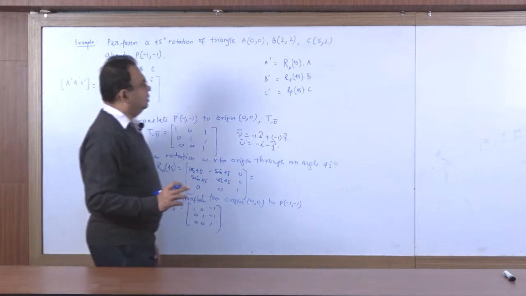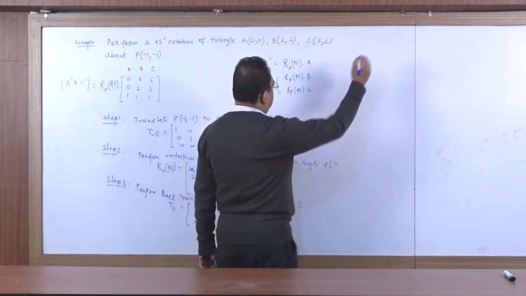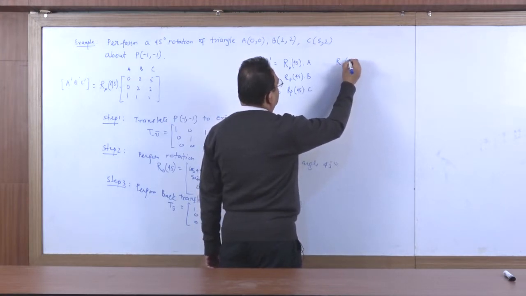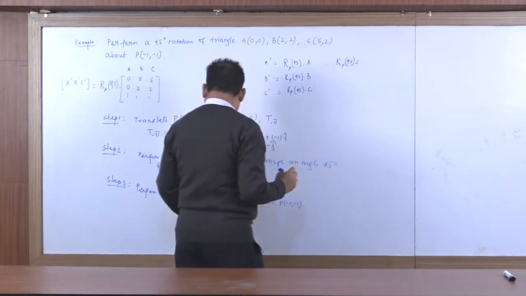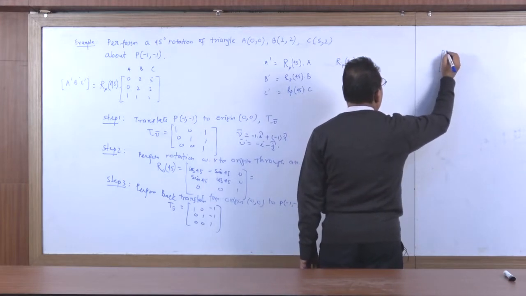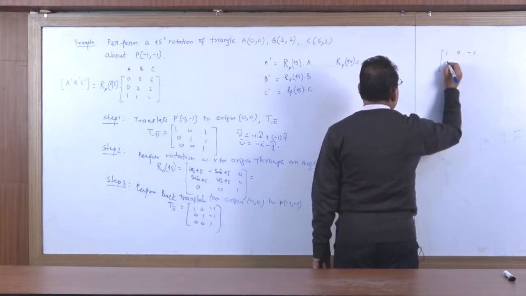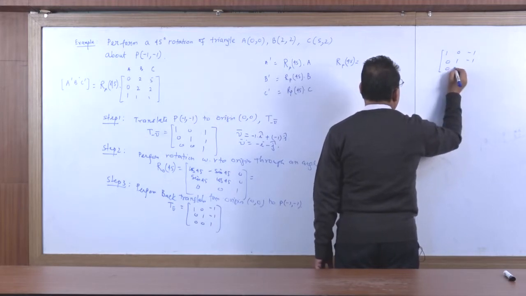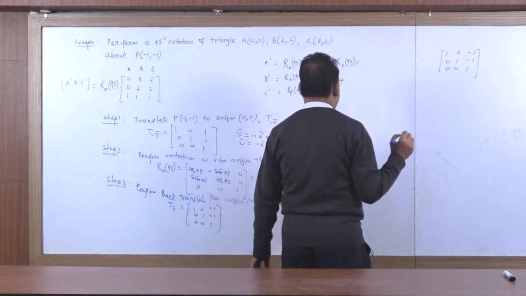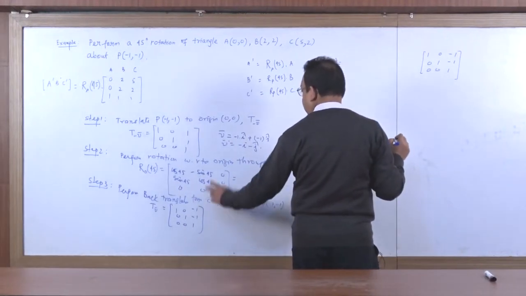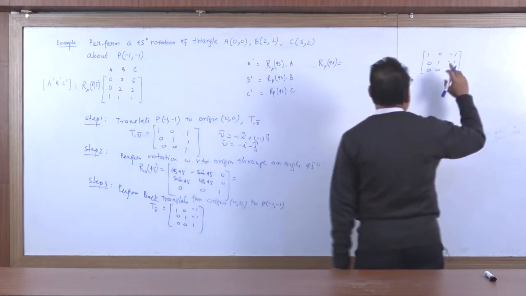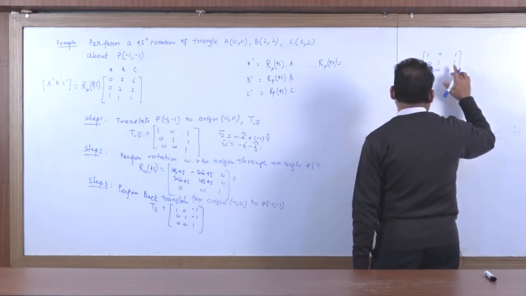So, to obtain the composite operator, that is rotation with respect to P through an angle 45, we are multiplying these matrices.